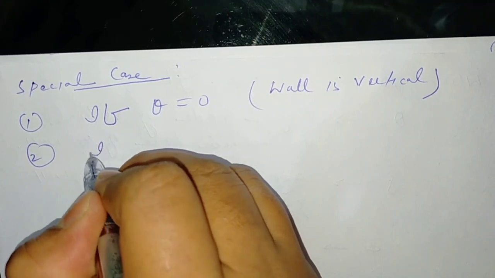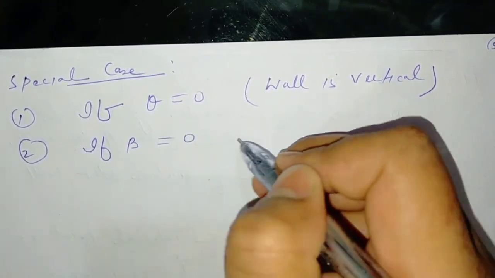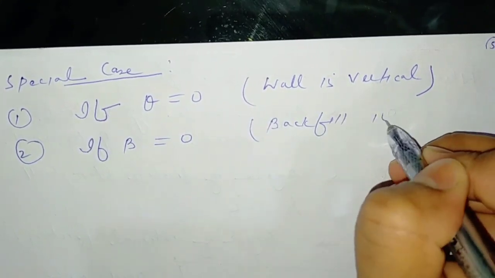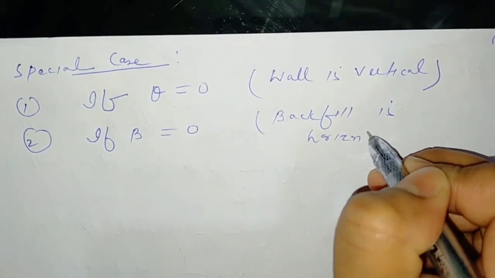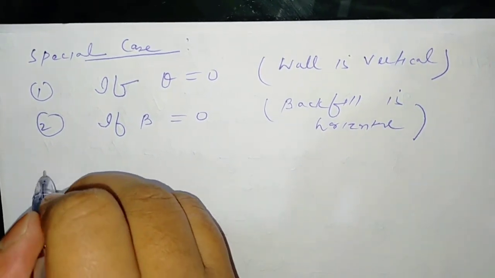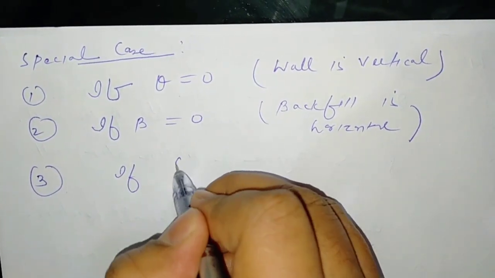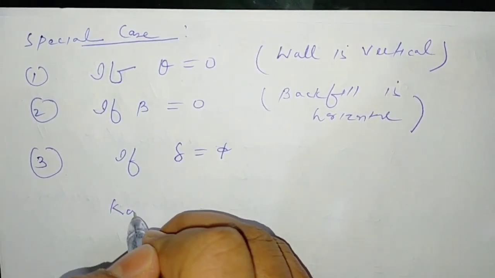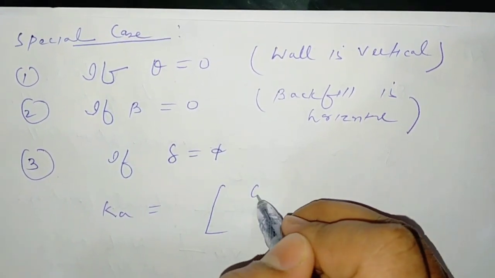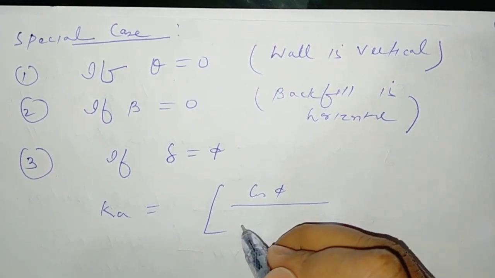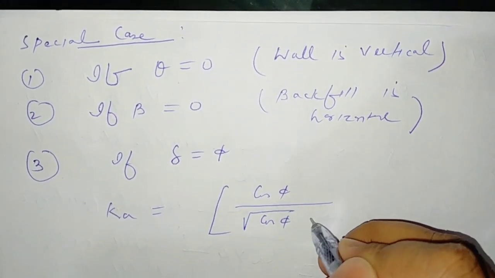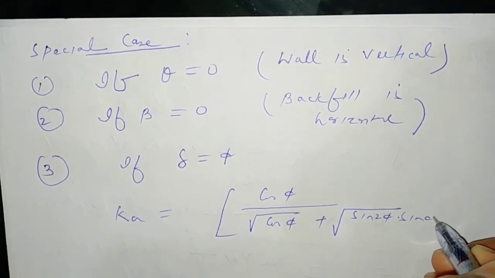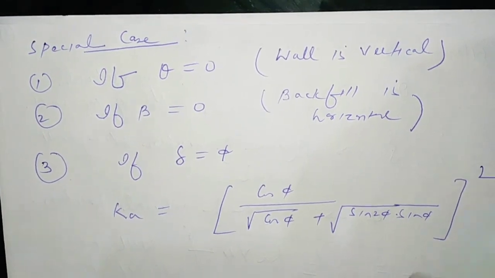Second, if beta is equal to 0, means backfill is horizontal. And the third assumption, if delta is equal to phi, so Ka is equal to cos phi divided by square root of cos phi plus sin 2 phi into sin phi whole square.